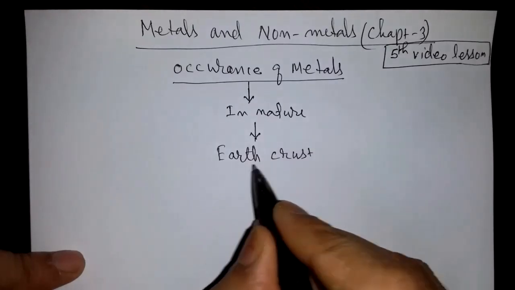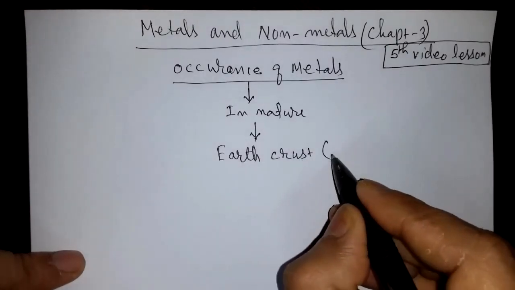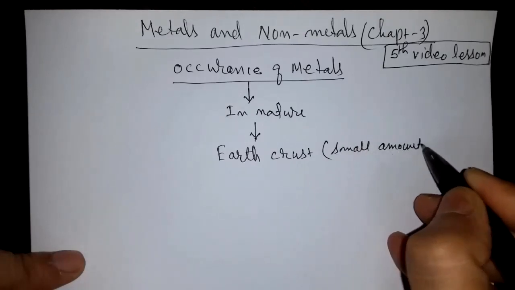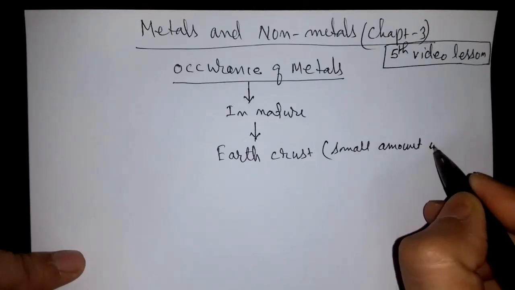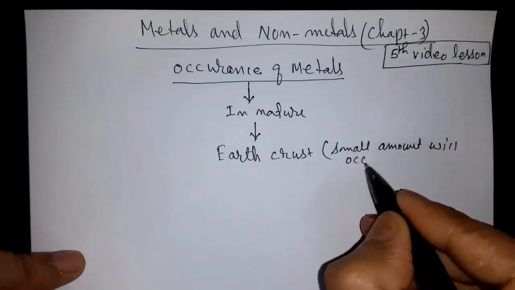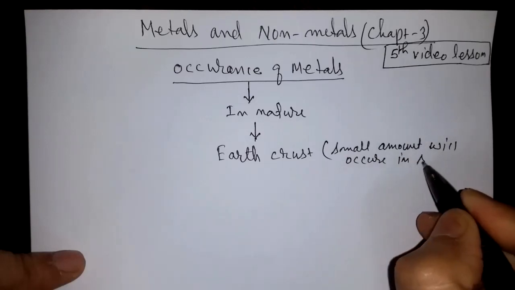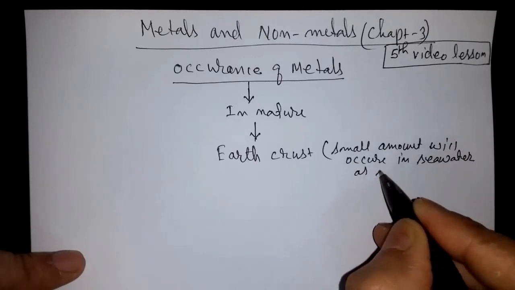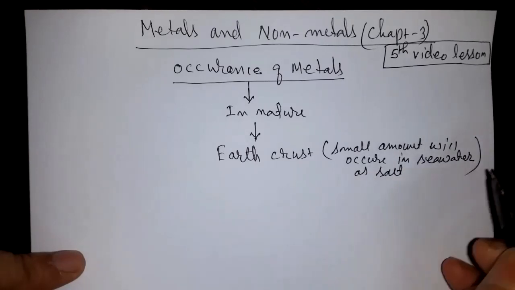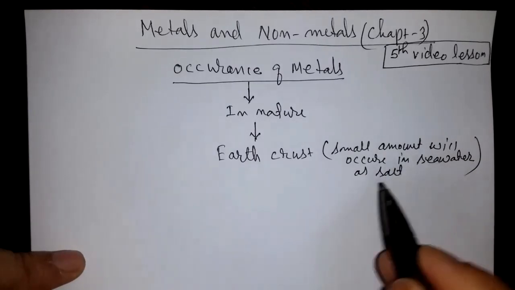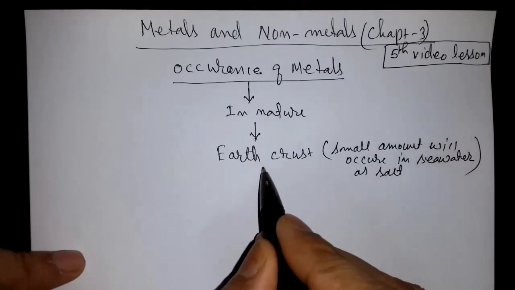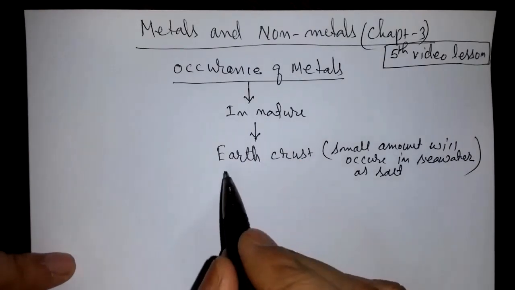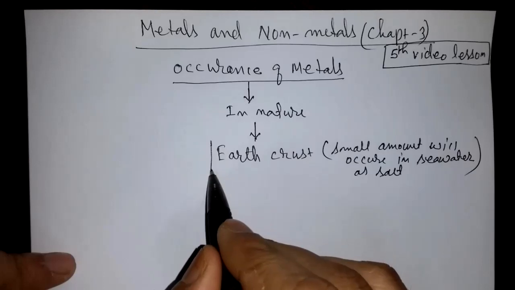A small amount will occur in seawater or ocean water as salt, but that amount is very small. That's why we will not be talking too much about it. So we'll focus on earth crust only. Majority of the metal present in nature is inside the earth crust.